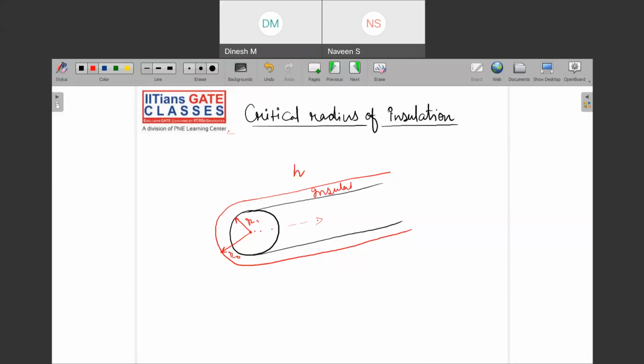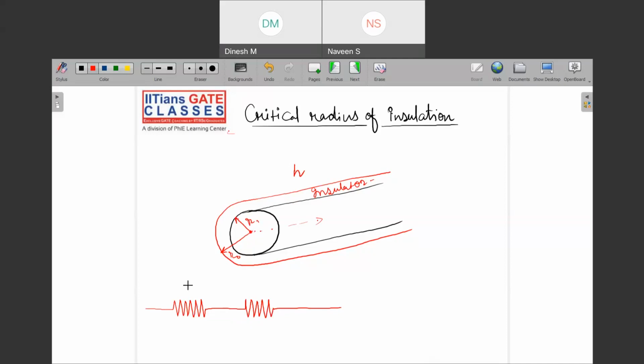Then, by adding the insulator, if I draw the thermal circuit, what is that thermal circuit? If I start my travel from Ti, what thermal resistances come into the picture for the heat flow in this direction?